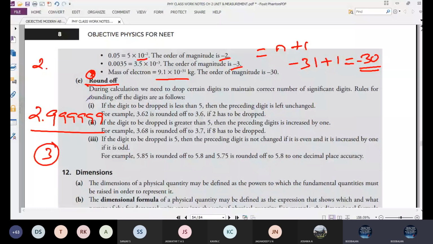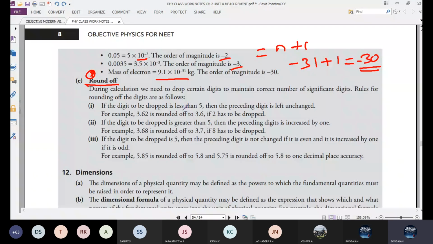2.17 it is there, 2.2. Okay. So less than 5 means no need to take it. 3.62 it is there, we should take 3.6, so no need to remember the second value.